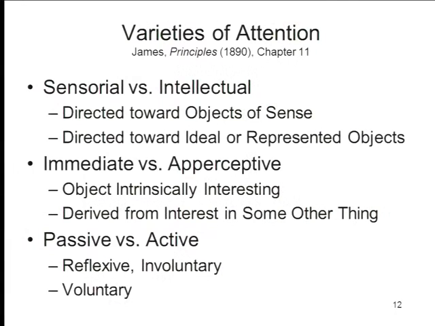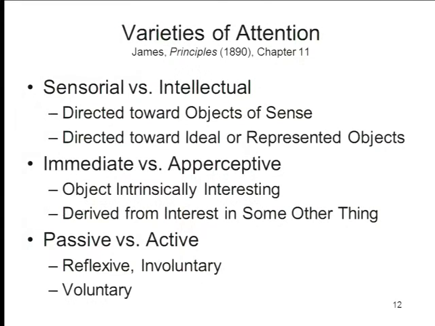There is attention that is kind of automatically drawn to objects that are novel or surprising or loud or whatever. Somebody walks in the door, just kind of distracts you for a second, and then you can turn your attention back to something else. That's passive attention. And then there's voluntary attention, where you actually say, I'm going to pay attention to this thing right now and ignore other things.